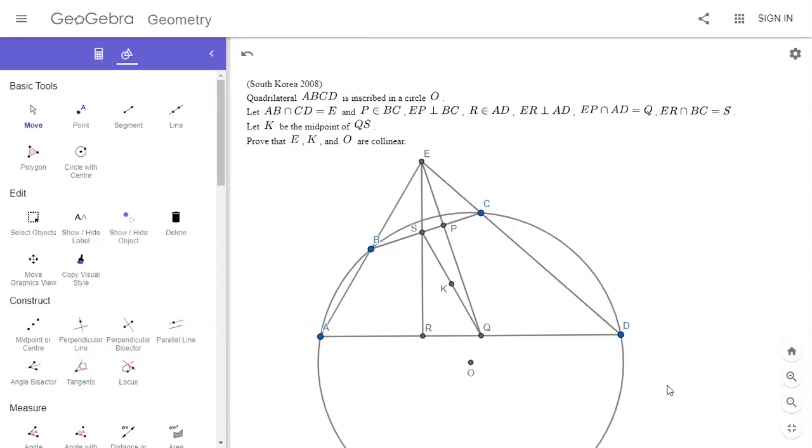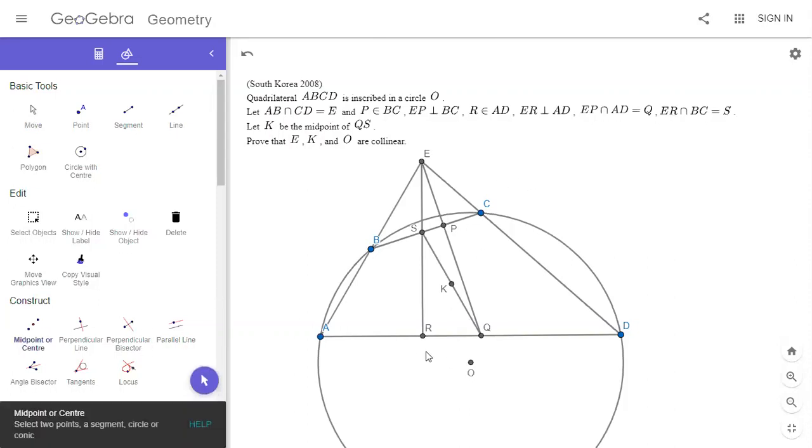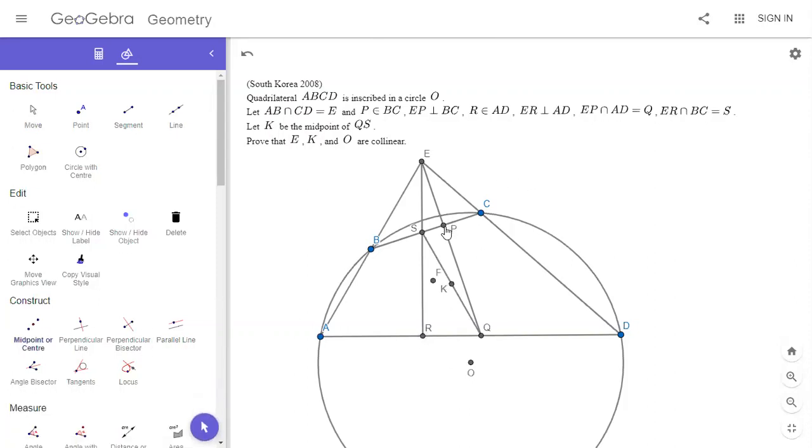So maybe, I wonder if we can use the Gauss line. Let me see if the midpoint of PR is also collinear with those. No, it's not, right.